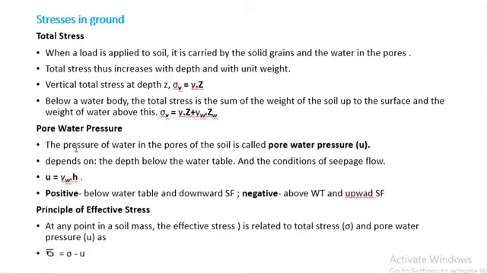Pore water pressure. The pressure of water in the pores of the soil is called pore water pressure. It depends on the depth below the water table and the condition of seepage flow.